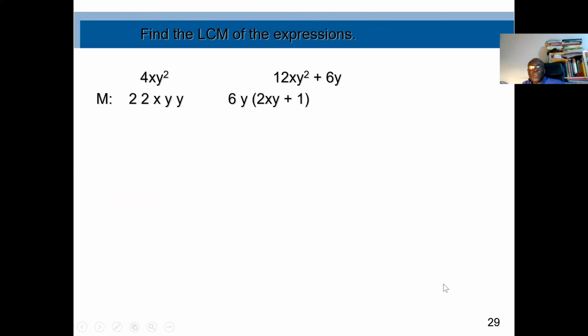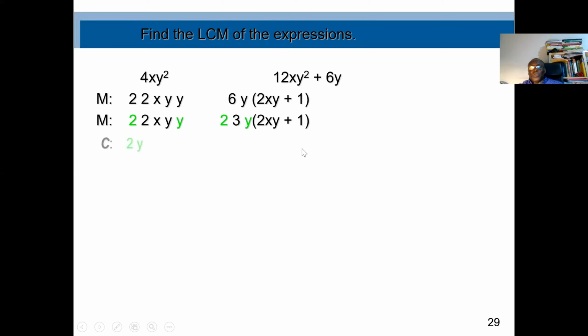So here we have 4xy squared. Factors will be 4 is 2, x is x, y squared is y. And here we have 12xy squared plus 6y. The common factor will be 6y, and 12xy squared divided by 6y will give me 2xy. 6y divided by 6y will give me 1, so plus 1.